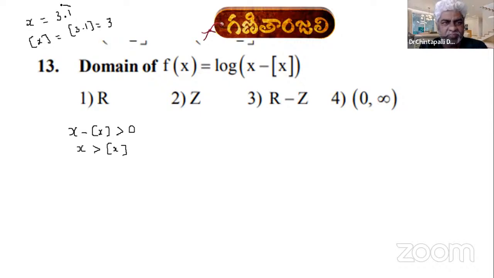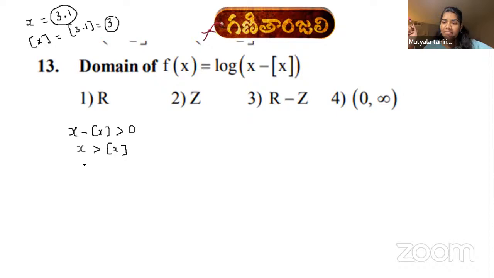So is it satisfying for x is equal to 3.1? Which is bigger, x or step x? x is bigger, sir. Yes, that is the required inequation. Tell the other values satisfying this inequation.